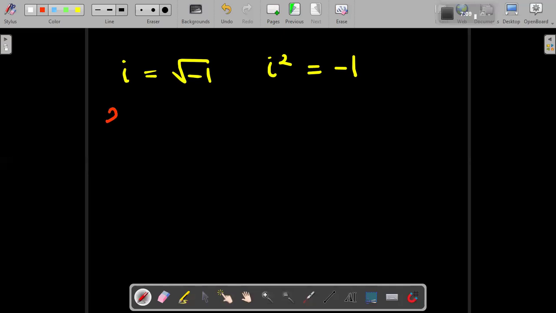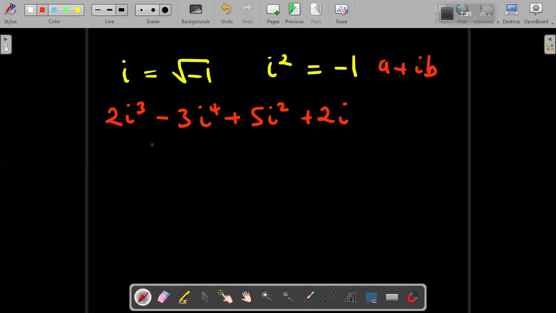Now let us solve this question. The question is 2i cubed minus 3i to the power 4 plus 2i. So how are we going to write it in the form a plus ib, with a as the real part of this complex number? What we have to do is make this where we can replace i squared with -1.